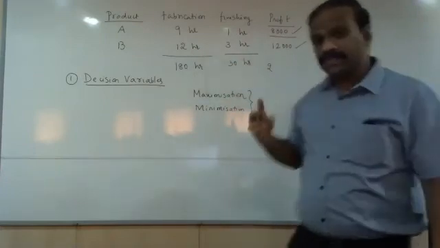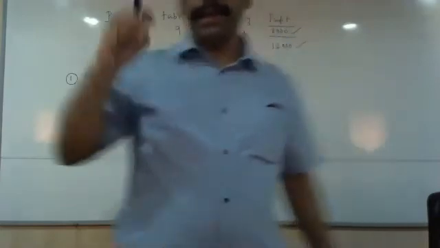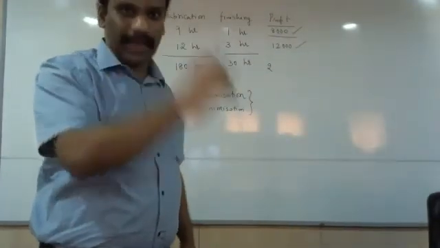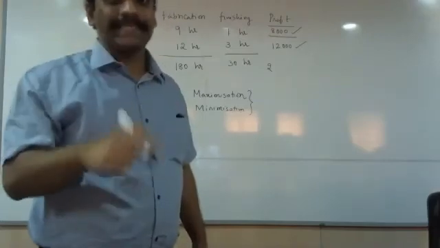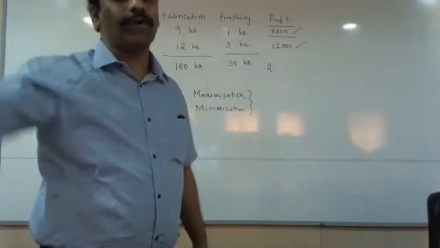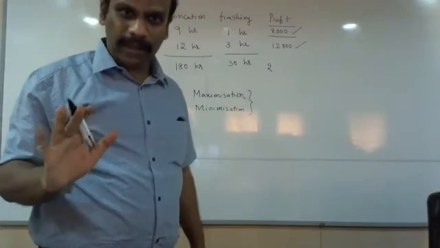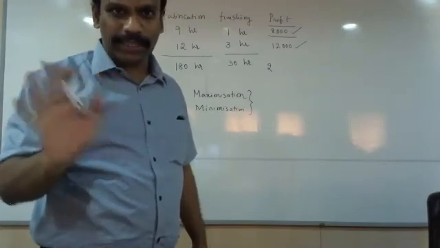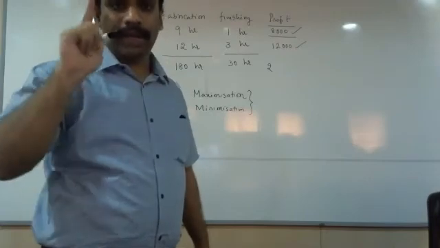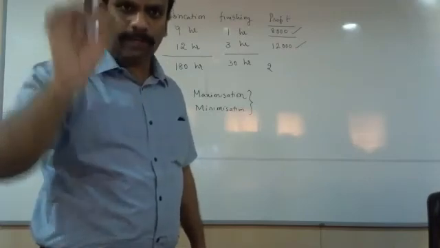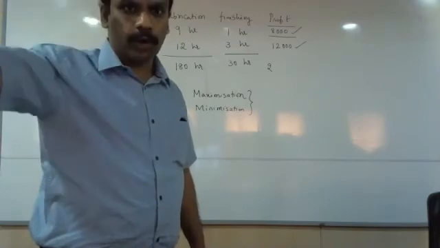And what do you understand from this particular data? The number of units of model A and the number of units of model B will decide how much total profit you get. Am I right? Because you cannot change 8,000 and 12,000. It is fixed, right? They have very clearly told us that for every unit of A you will only get a profit of 8,000 rupees, not 1 rupee more, not 1 rupee less.